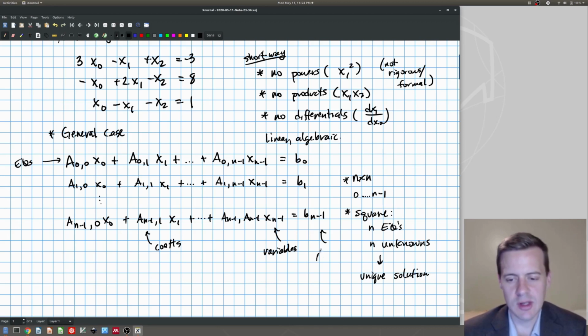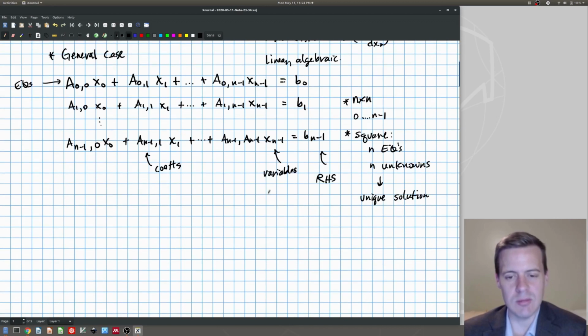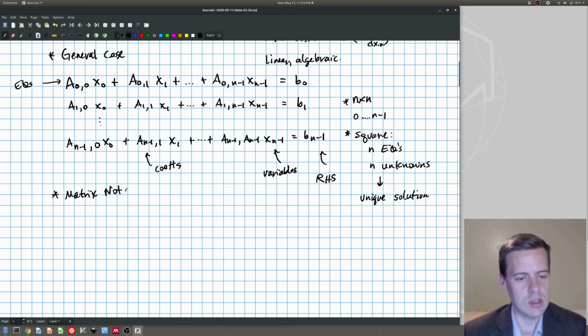I call this the right-hand side. I'll use RHS for right-hand side. It's convenient to write down. So we can write down an equation like this in matrix notation. So let's translate this equation to matrix notation.